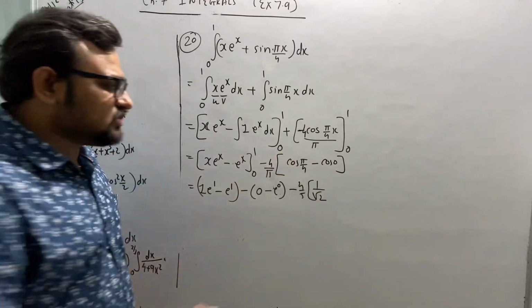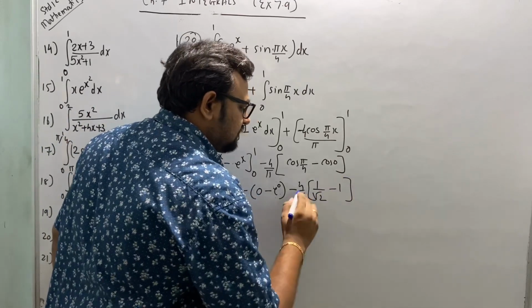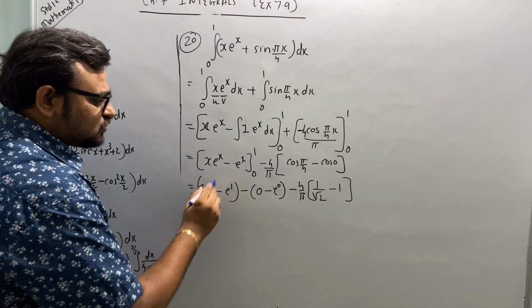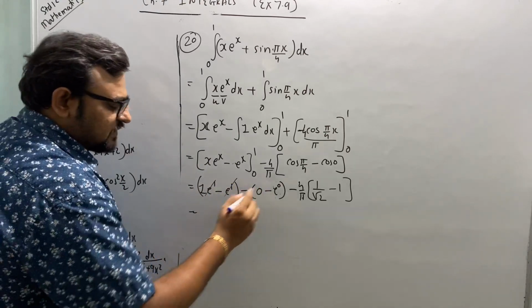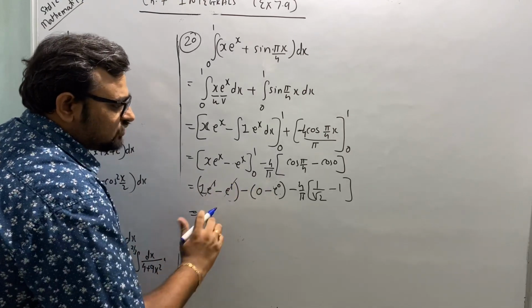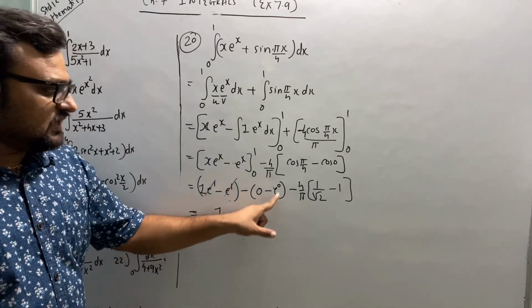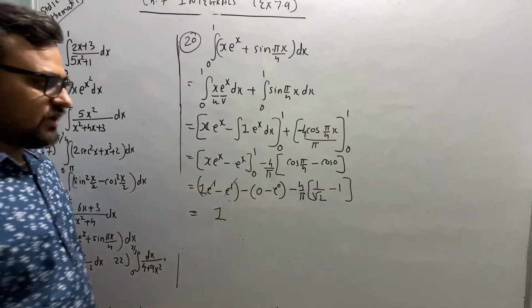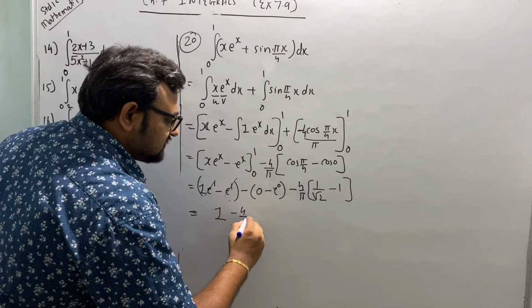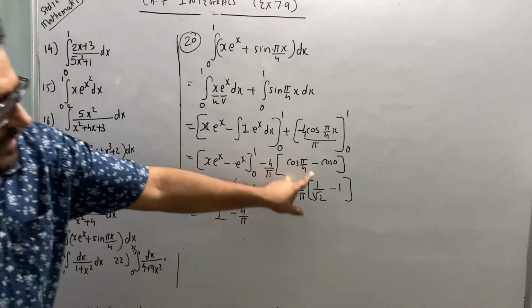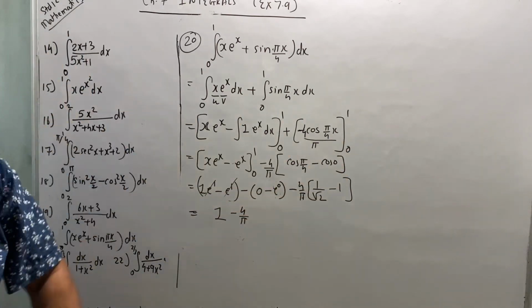The value of cos 0 is 1. Clear? So e raised to 1 and e raised to 1 cancel, minus minus plus, and e raised to 0 is 1. Minus 4 by pi, okay, now 1 by root 2 minus 1.